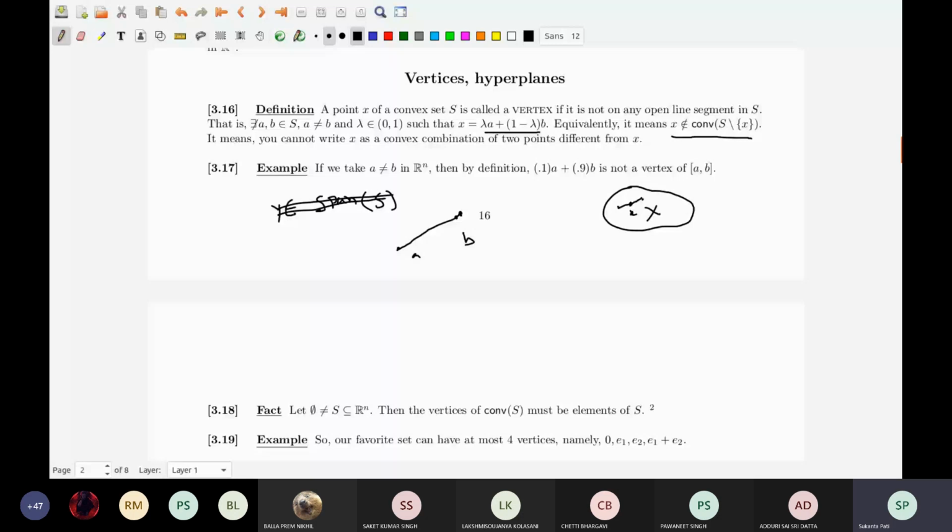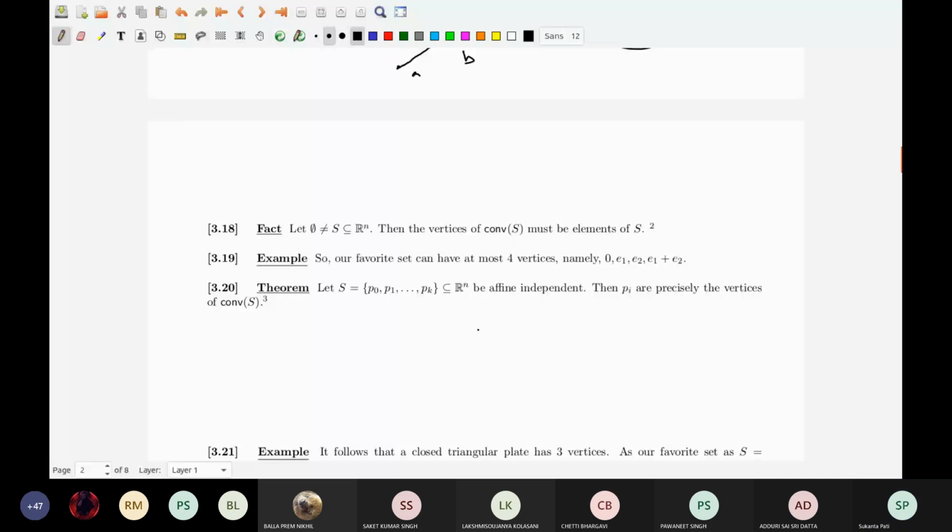What is this fact? The fact is that if you are looking at the convex hull of S, then the vertices of the convex hull of S must be elements of S only. Why? I have a set S and I generated all the convex combinations of points of S, and that's how I got the convex hull.